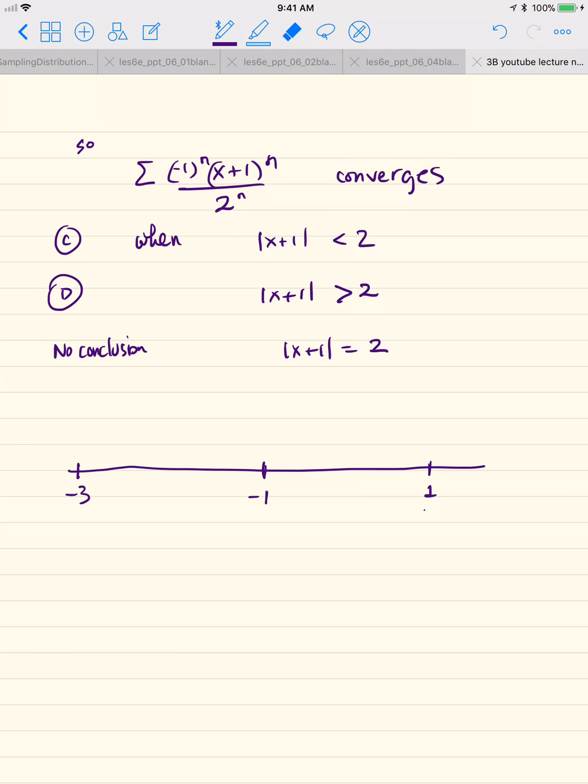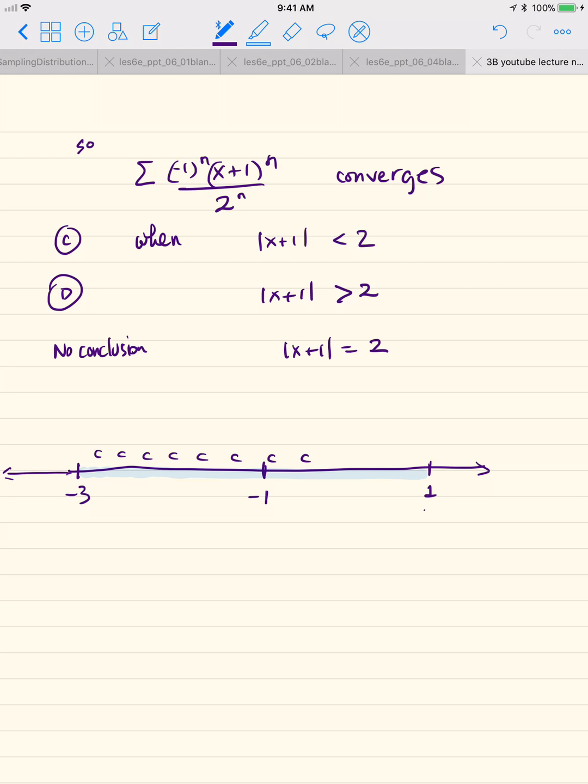Sorry. So if x is in this interval here, we'll have converge, converge, converge.